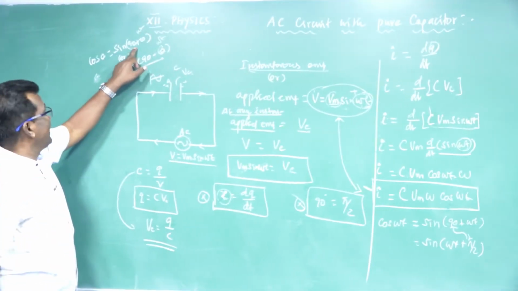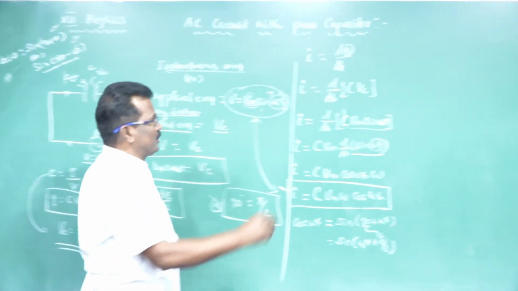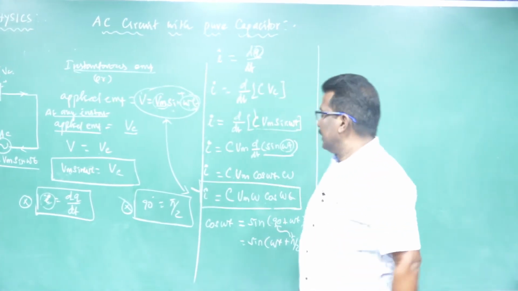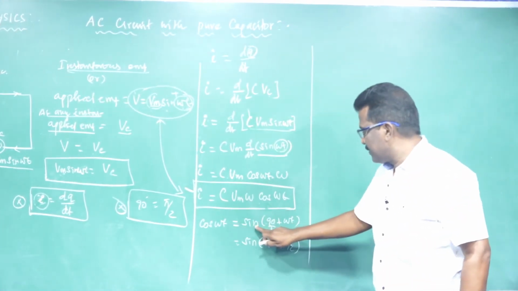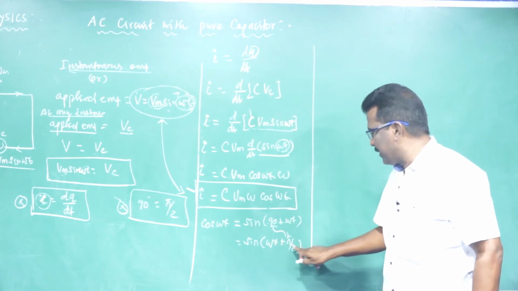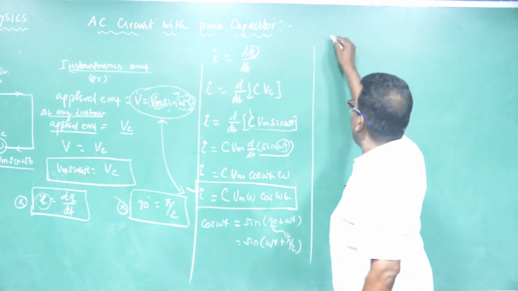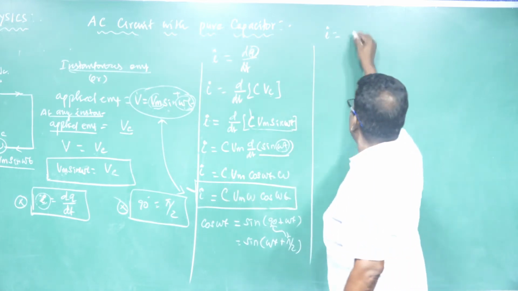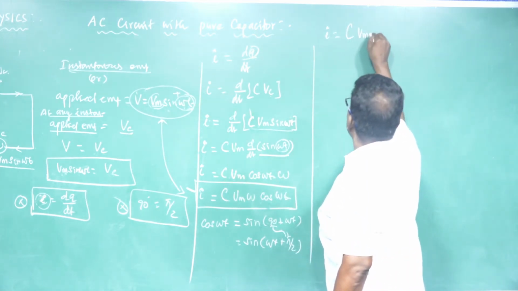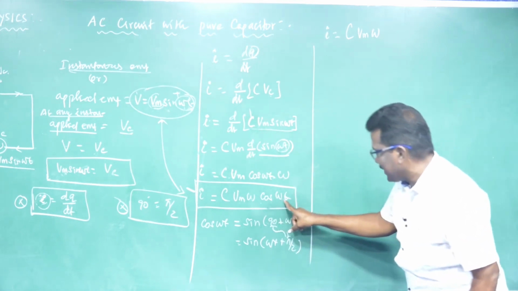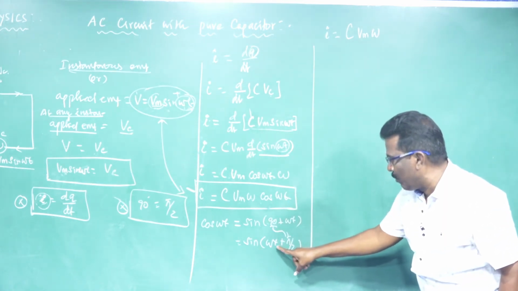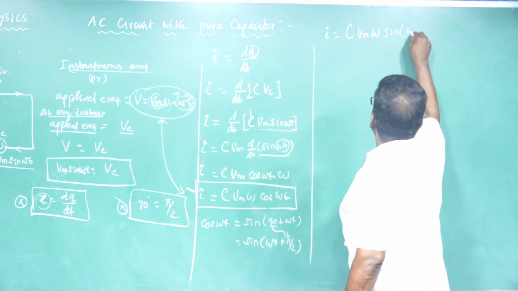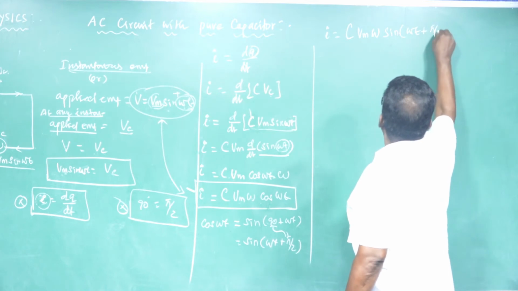I choose sin 90 plus theta, so we change the function. Cos omega t is equal to sin 90 plus theta, that is, sin omega t plus pi by 2. So I is equal to C Vm omega sin omega t plus pi by 2 instead of cos omega t.